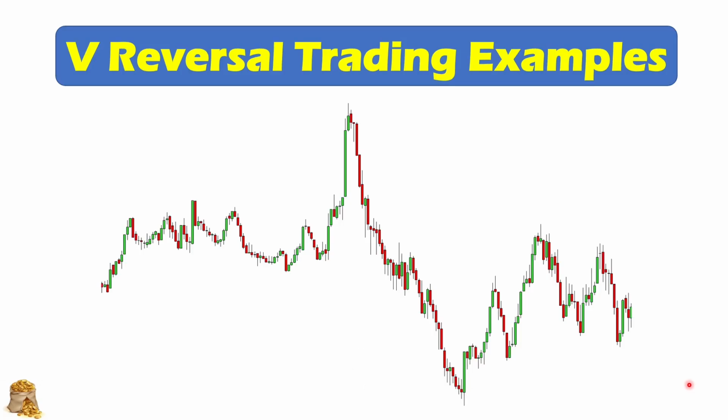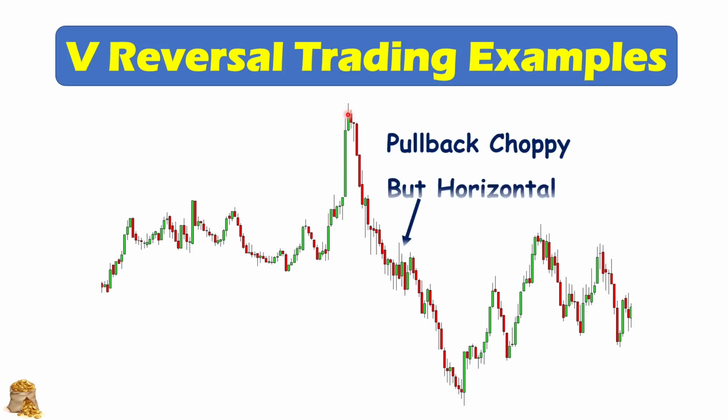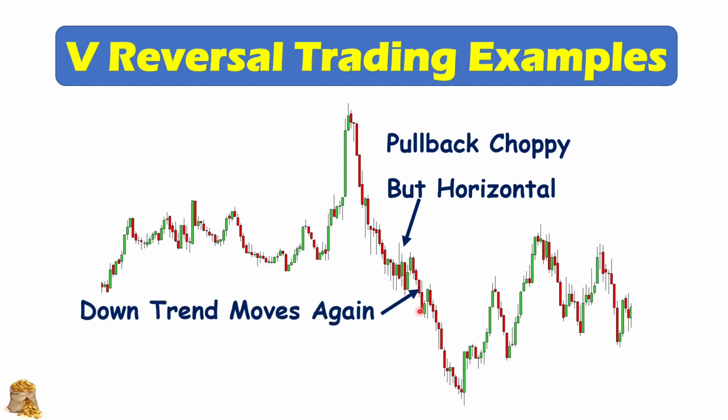Let's take another example in reading the pullback. So here's the reversal. However, we can see the pullback here is horizontal, and it didn't go further back up. So when the market moves again here with 4 consecutive bear bars, that means the market starts moving even further. What you can do is trade when the pullback comes.